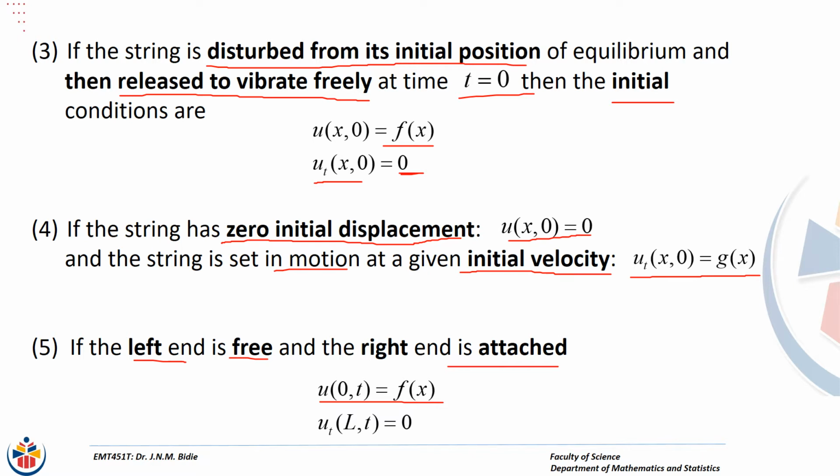And on the right hand side, we have a velocity that is equal to 0, because the right end is attached, so that means there is no final velocity.